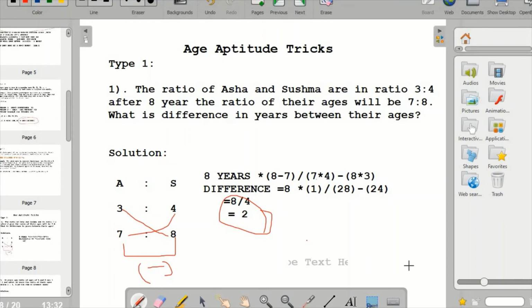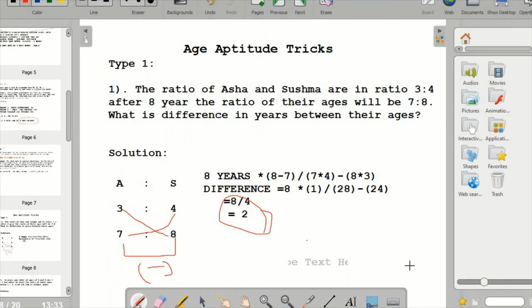Before calculating, we have to check whether they have given two ratios in the question. In the age aptitude tricks, most probably we have these kinds of sums. First, the ratio of Asna and Sushma is 3:4, and after 8 years their ratio will be 7:8. What is the difference in their ages?